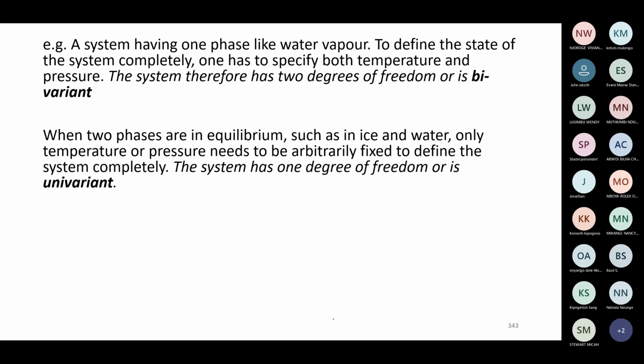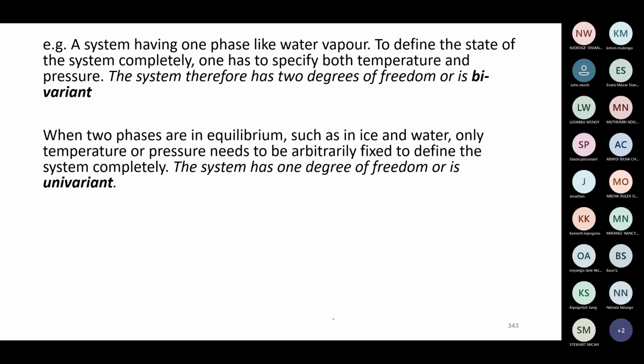When you have 2 phases in equilibrium, such as ice and water, only temperature or pressure needs to be arbitrarily fixed to define the system completely.